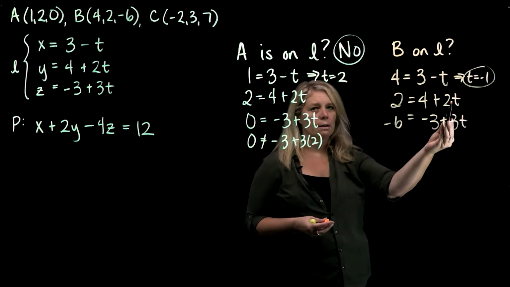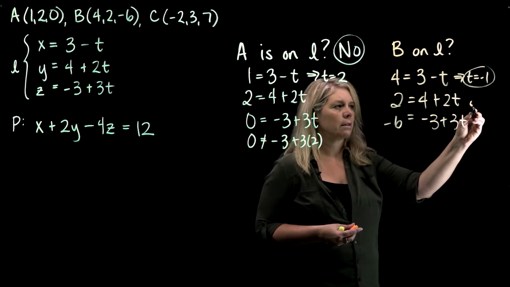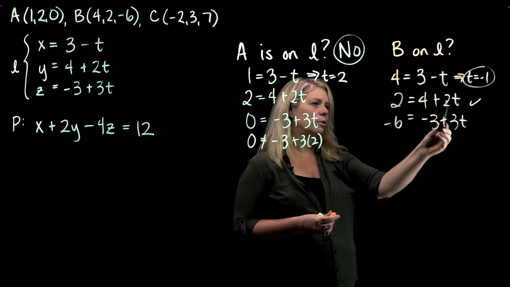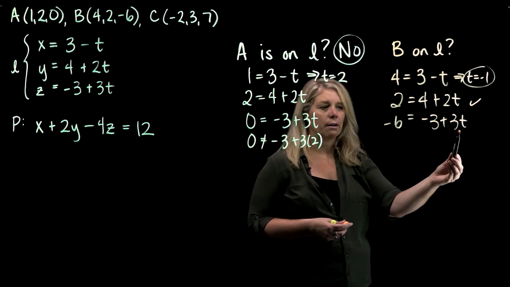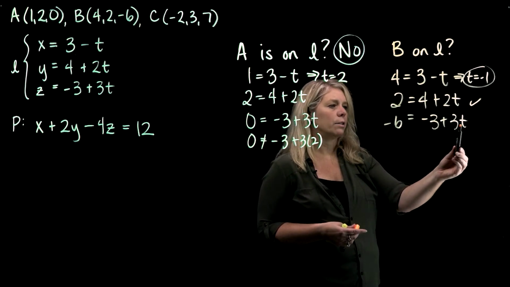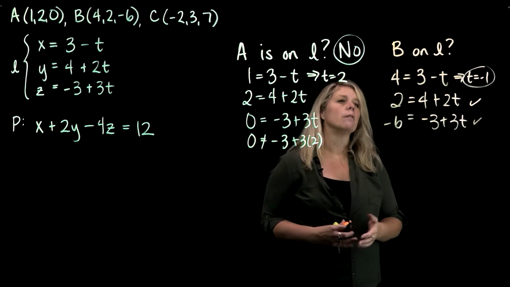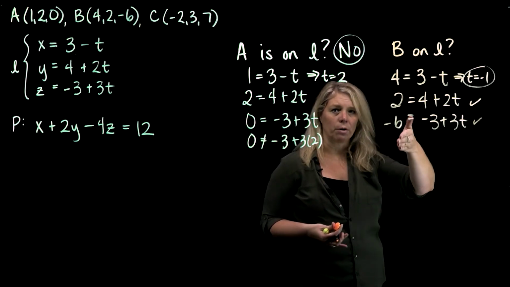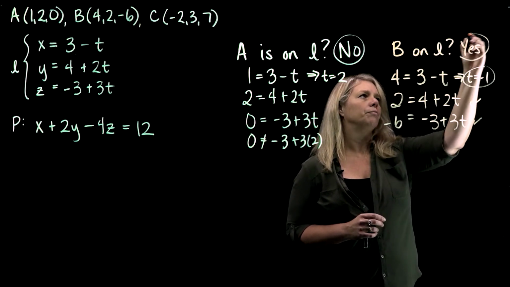And you'll notice that when you put t equals -1 into these other 2 equations, that does check. 4 plus 2 times -1 is equal to 2. And when I put t equals -1 into this third equation, that does check. -3 plus 3 times -1 is equal to -6. So there is a value of t that does give that ordered triple for that line. So in this case, our answer would be yes.